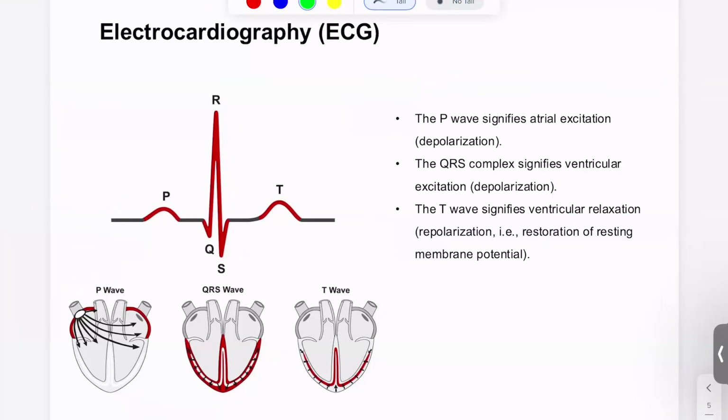The P segment corresponds to atrial excitation, and the QRS complex corresponds to ventricular excitation. Then finally, the T wave corresponds to ventricular relaxation. So when we look at ECG, we are primarily looking at the features of the three segments: P, QRS, and T.